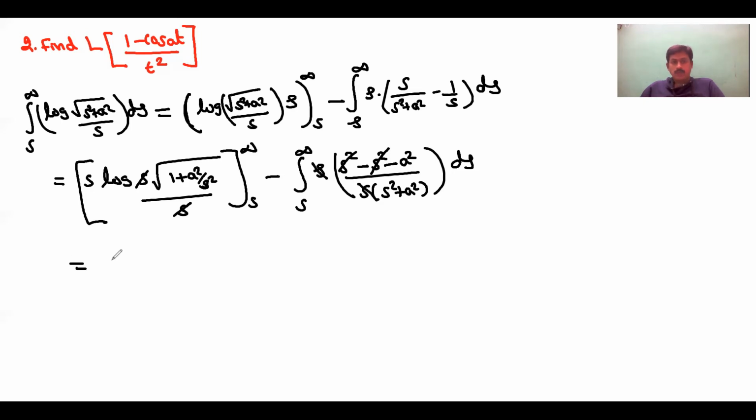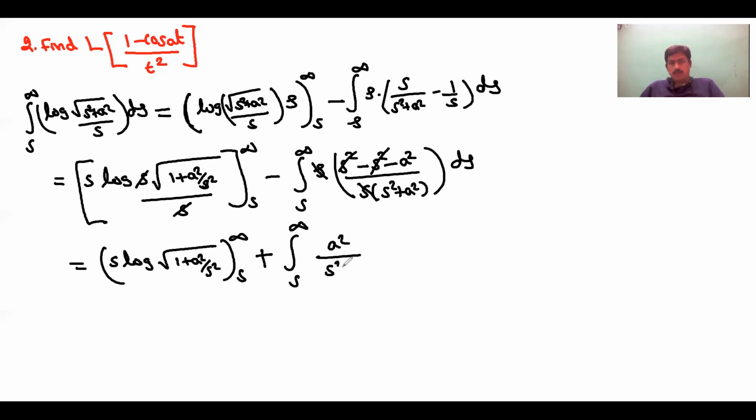We will get the terms as s into log of square root of 1 plus a square by s square, limit s to infinity, minus integral s to infinity of minus, this minus will become plus, a square divided by s square plus a square into ds. If you apply the limit infinity into log 1, you will get minus, lower limit is s into log of square root of s square plus a square divided by s.